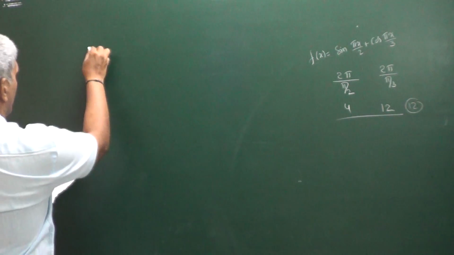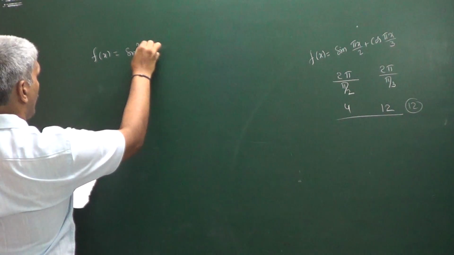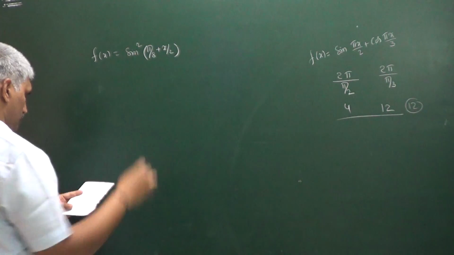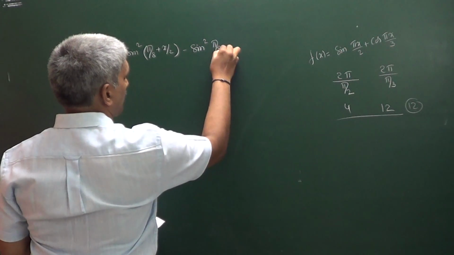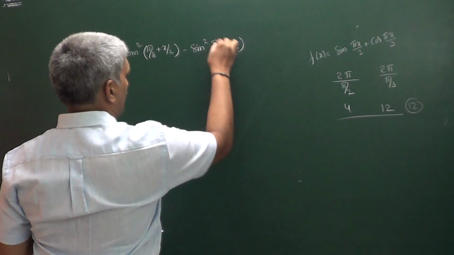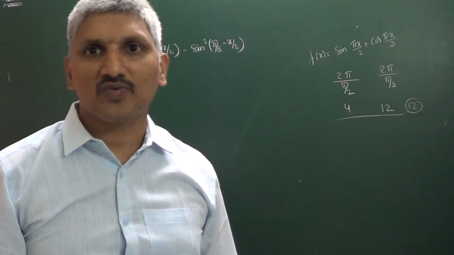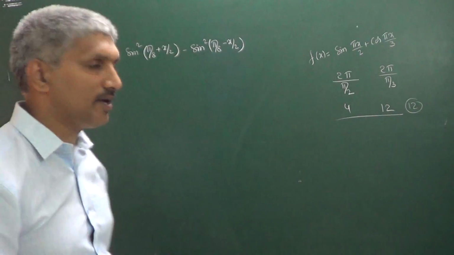So another question here, f of x is equal to sin square (pi by 8 plus x by 2) minus sin square (pi by 8 minus x by 2). Now the sin square a minus sin square b formula is sin (a plus b) into sin (a minus b).